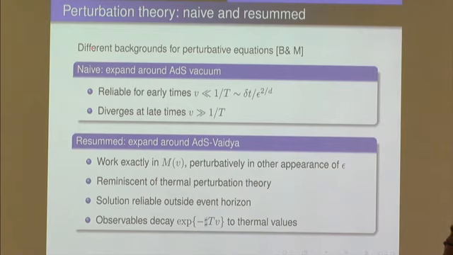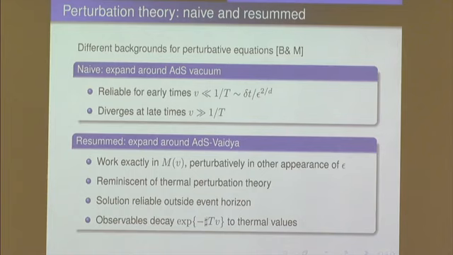So first of all, there are these two perturbation theory approaches that Bhattacharya and Minwala used. There's the naive theory, where you just start with the AdS vacuum as a background, and then you do the expansion. As pointed out, usually you might worry about the perturbative series growing, and in fact, some coefficients grow polynomially in time.